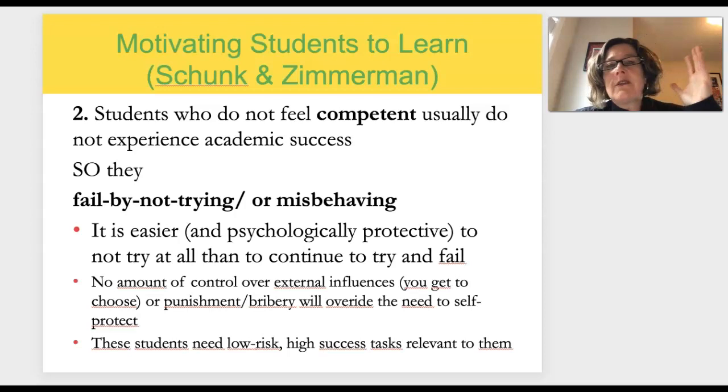Now, this kid didn't turn around and become a complete scholar, but he was at least willing then to try because he had a low risk, high success task. He was good at welding. He got to show off his welding skills. Then it was like, okay, I'm not as incompetent as I thought.